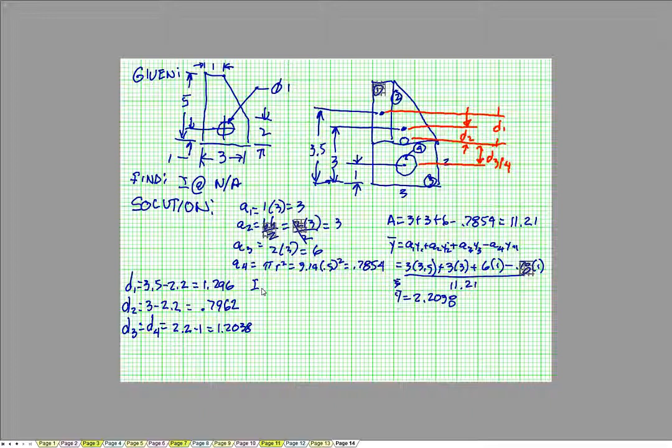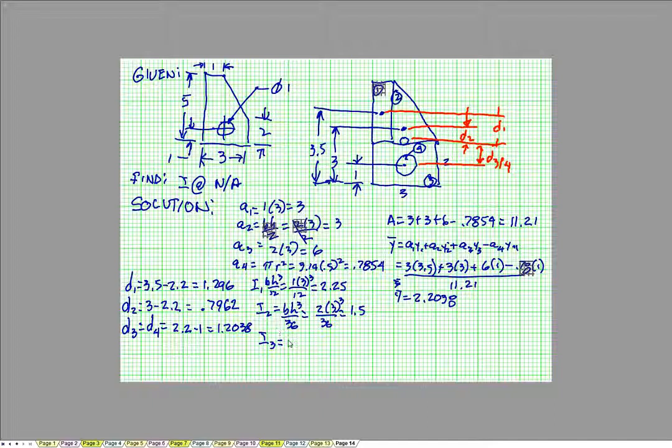Moments of inertia. Shape number 1, BH3 over 12. One times 3 cubed over 12 equals 2.25. Moment of inertia shape 2. That is BH cubed over 36. And that is 2 times 3 cubed over 36, which equals 1.5.